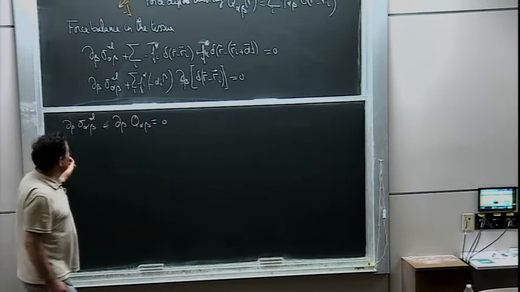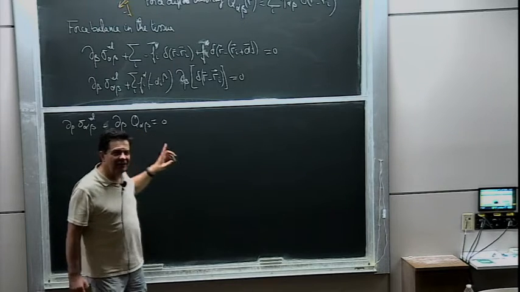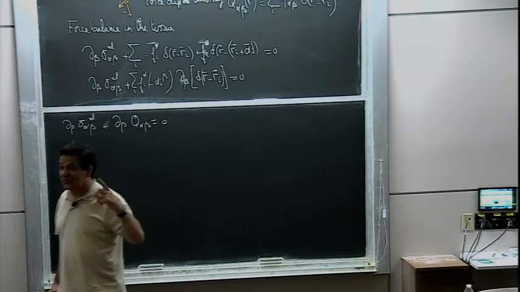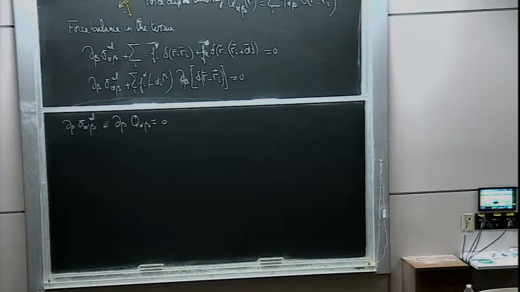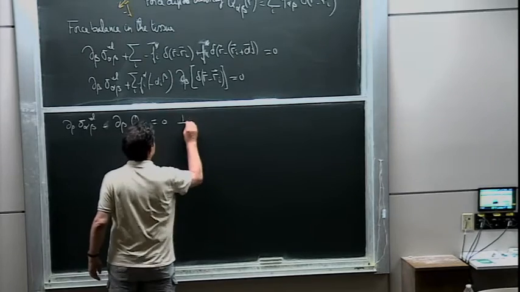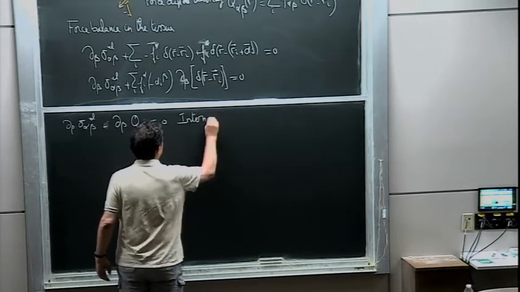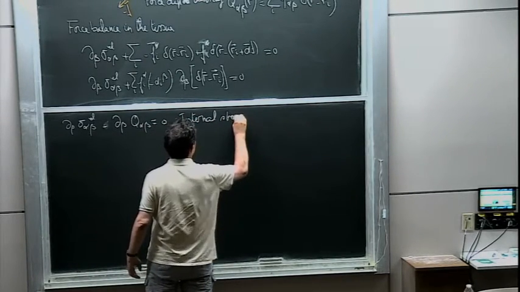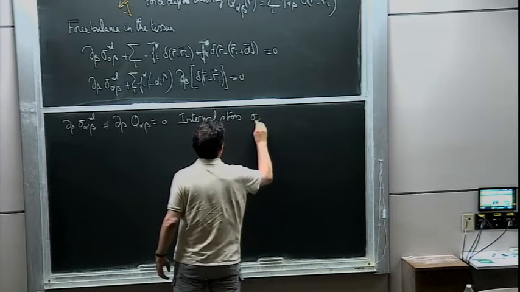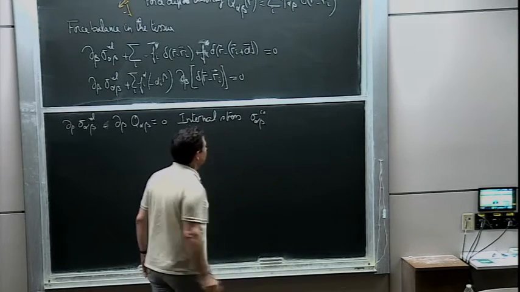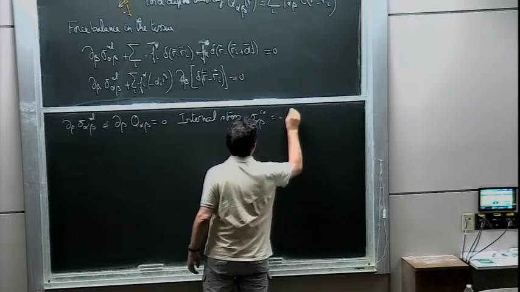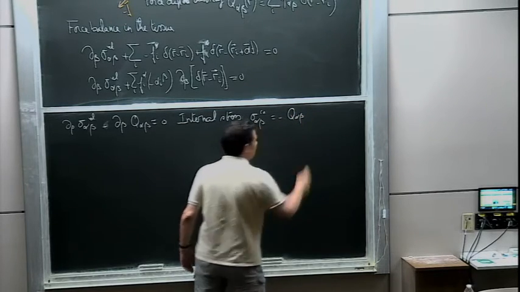Now, of course, what this tells me is that this Q_αβ acts as an internal stress in the tissue, and this is an internal stress due to cell division and cell death. So I will define the internal stress σ_αβ^internal, which is minus Q_αβ.